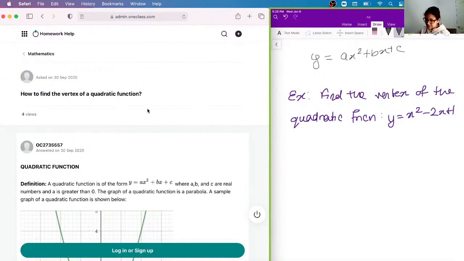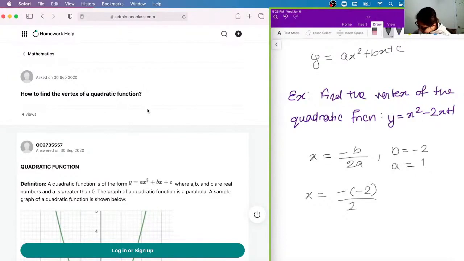The solution would be to first find x. So we substitute: x is equal to minus b over 2a, where b is negative 2 and a is 1. So negative times negative 2 over 2 times 1. A negative times a negative is positive, so you have 2 divided by 2, and this gives you 1.